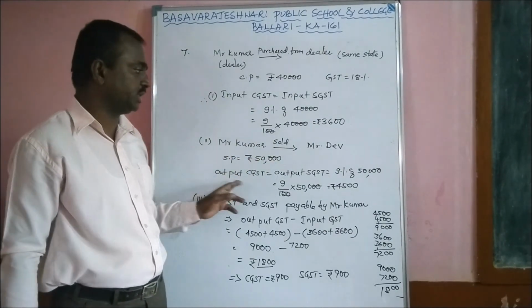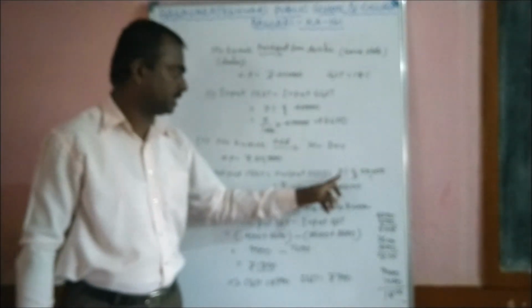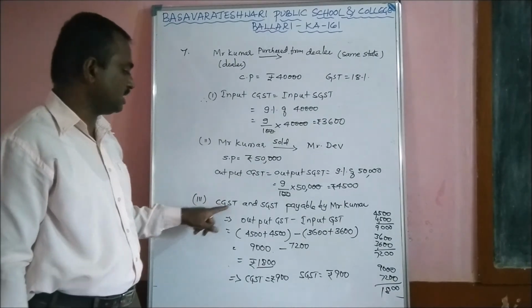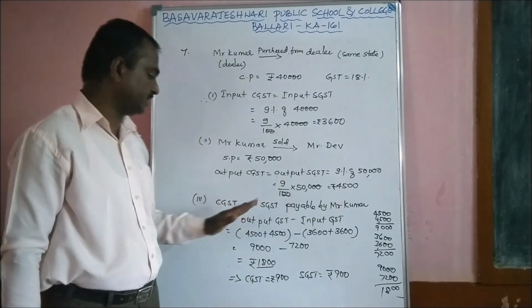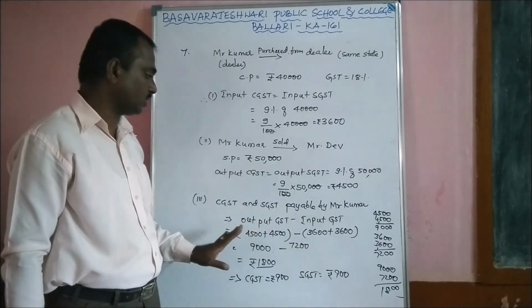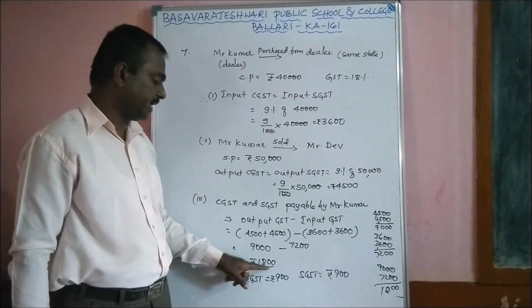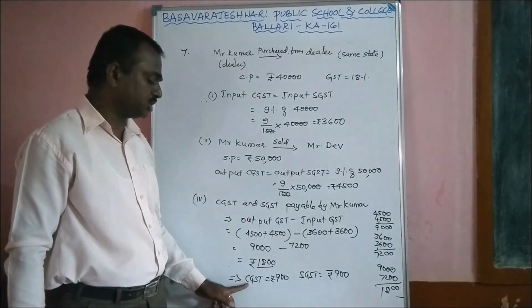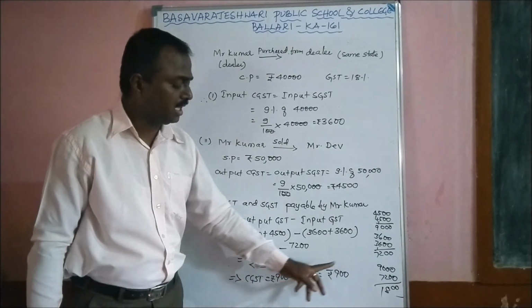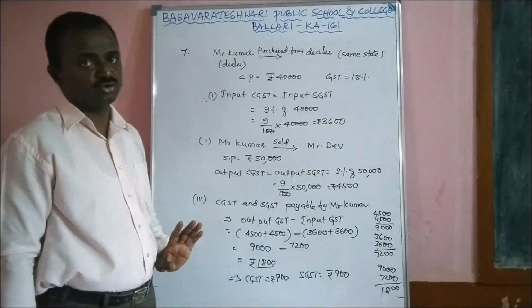Output CGST and output SGST is 9% of 50,000, that is 4,500 each. To find the CGST and SGST payable by Mr. Kumar, first I find total output GST minus total input GST. We got 1,800. That means he has to pay 900 rupees CGST to the central government and 900 rupees SGST to the state government.